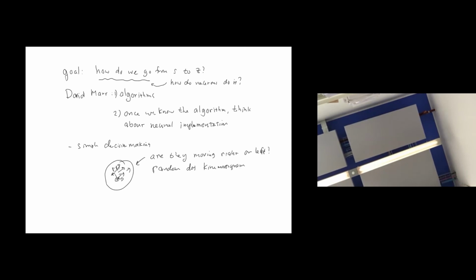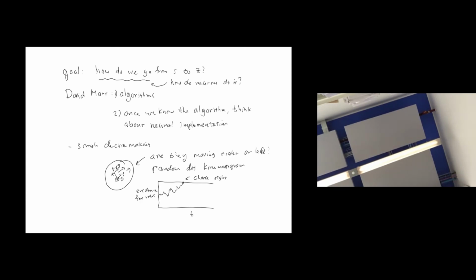And it's pretty easy to write down an optimal algorithm, right? You just have motion detectors. If you look at average motion versus time, it's going to wander around because it's pretty noisy. Eventually it's there, and then you choose. That's an algorithm, and you can talk about it without referring to neurons. This is sort of evidence.